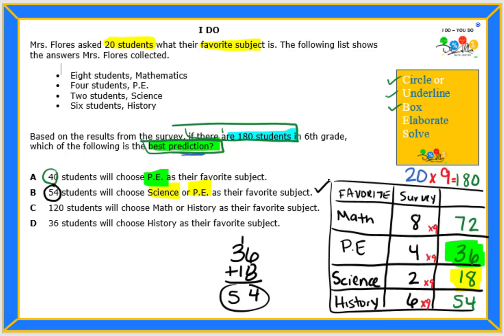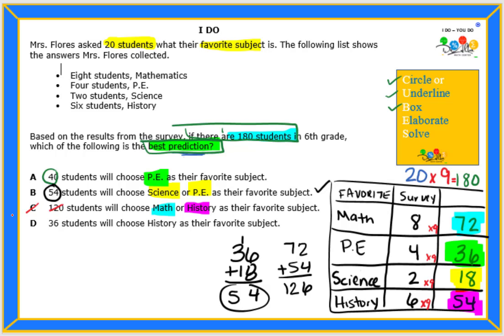120 students will choose math or history. Here's math, we had 72. And history, we have 54. Let's add those together. 72 plus 54 is 126, not 120.